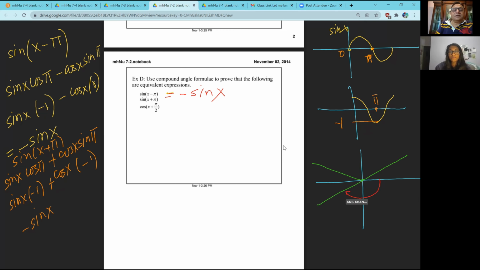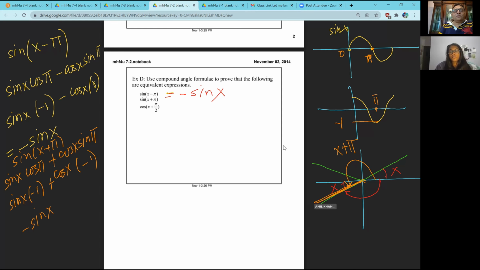This is x, so from x, if you take away pi, then you land up here. So this is x minus pi. Similarly, if I do x plus pi, then this is x, and you go in this direction, plus pi, you land up here. That is x plus pi. You'll end up on the same line.